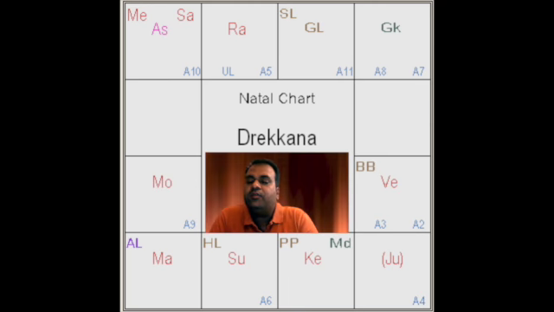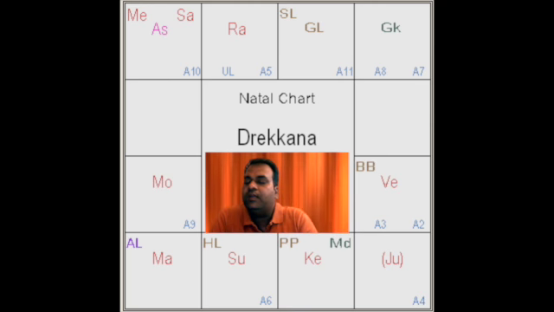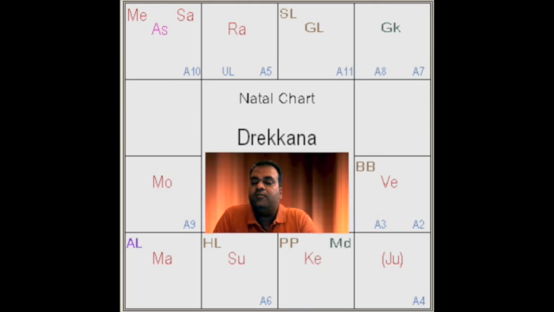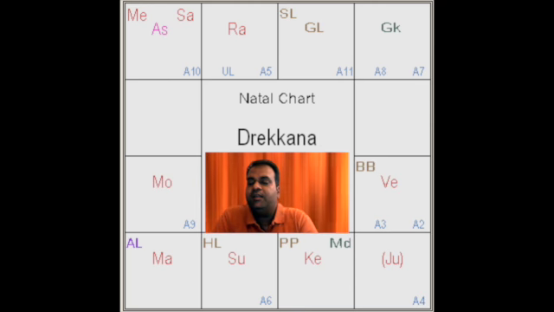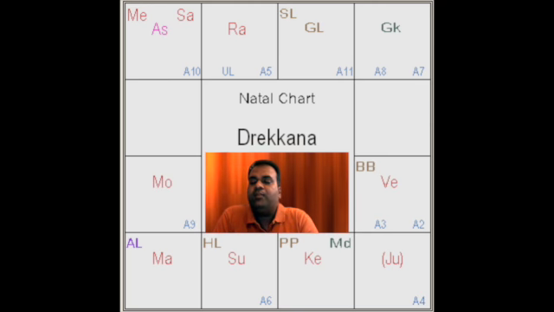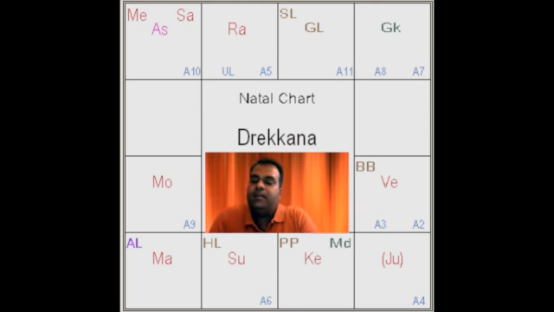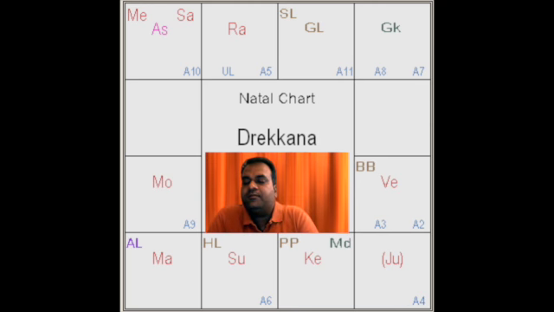Now let us look at the third house for the younger one. Since the Lagna rising is the even sign, we'll look for the third house in the reverse direction. The third house in the reverse direction is actually the 11th house, which is Capricorn, and the lord of Capricorn is Saturn in the Lagna, and that Saturn is getting drishti from Mars.